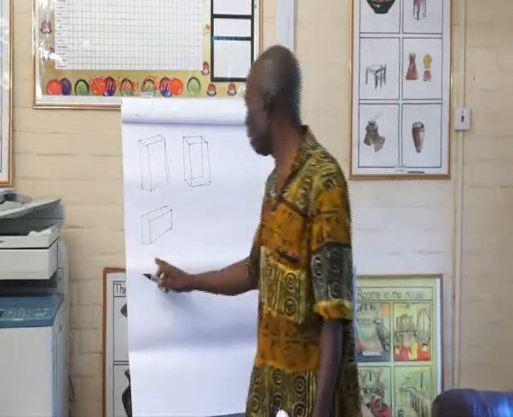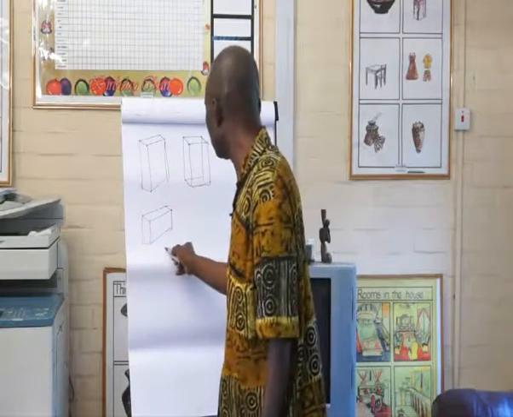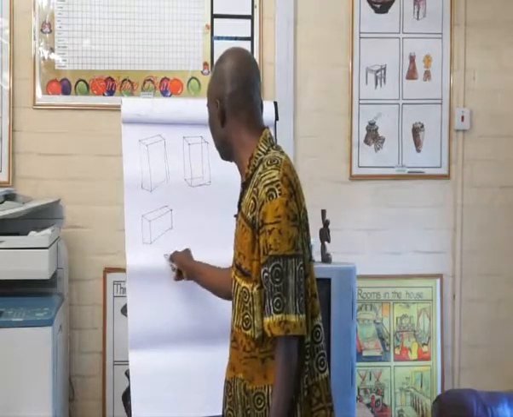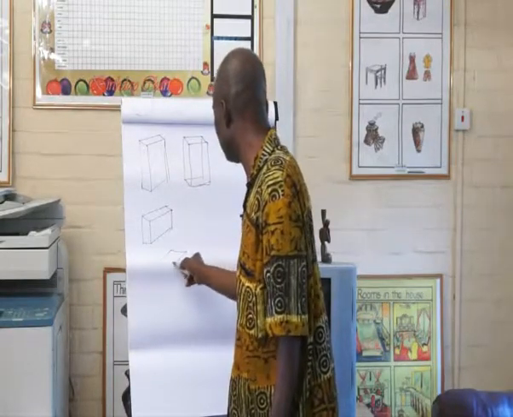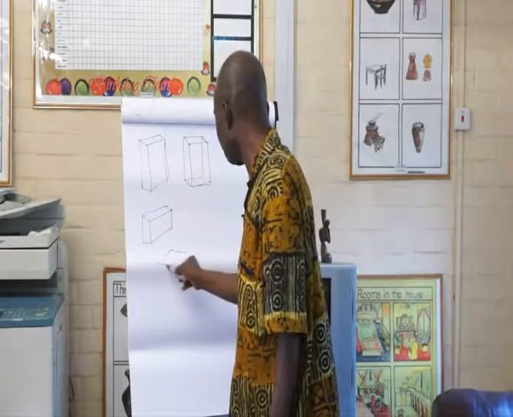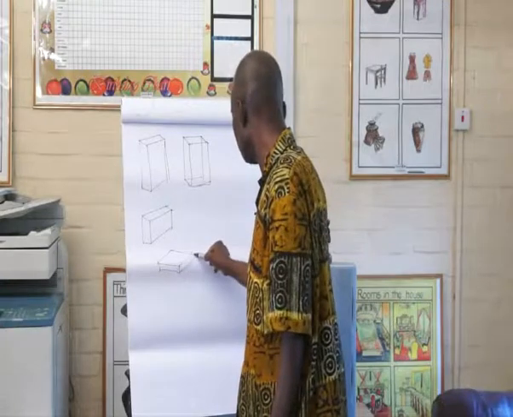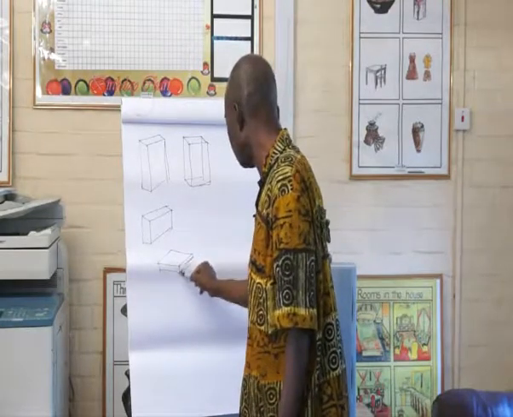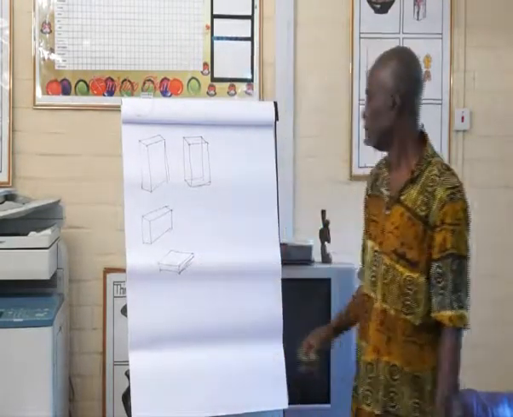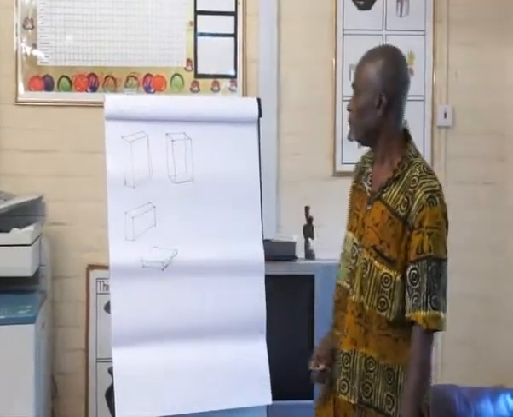And then we have another one which is like this. It's flat. The paper is full, so it can't move fast.